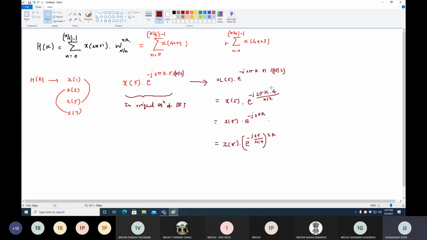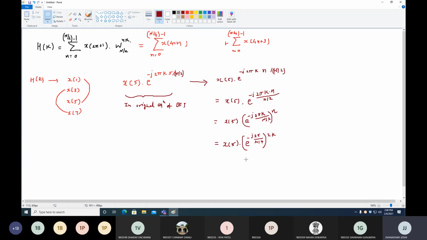Where is n? 2 pi k into n, so j 2 pi k n by 2. Yes, we now have n by 2 raised to n.